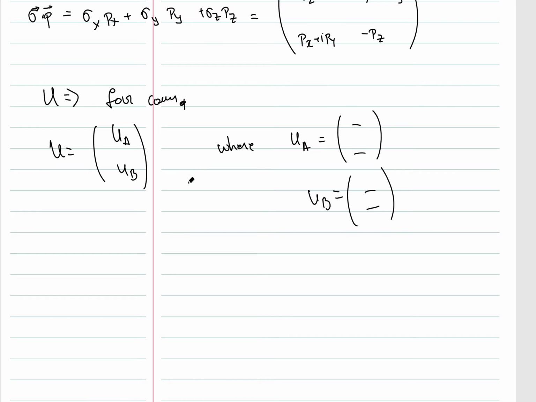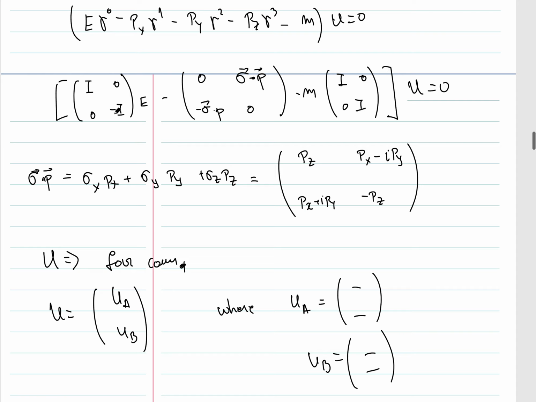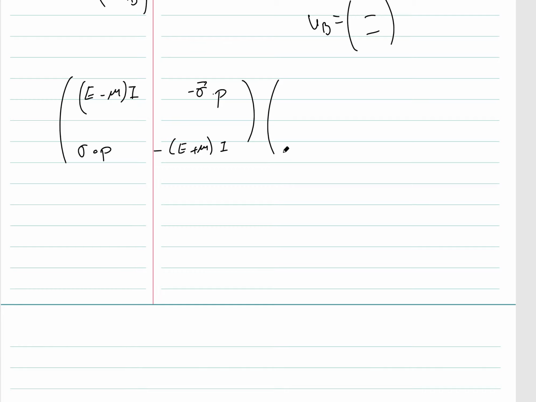Now you need to rearrange this equation. You just need to subtract matrices, and then you can find a form like E minus m times the identity, minus sigma dot p, sigma dot p, minus E plus m times the identity, acting on the spinor u, written as uA and uB.